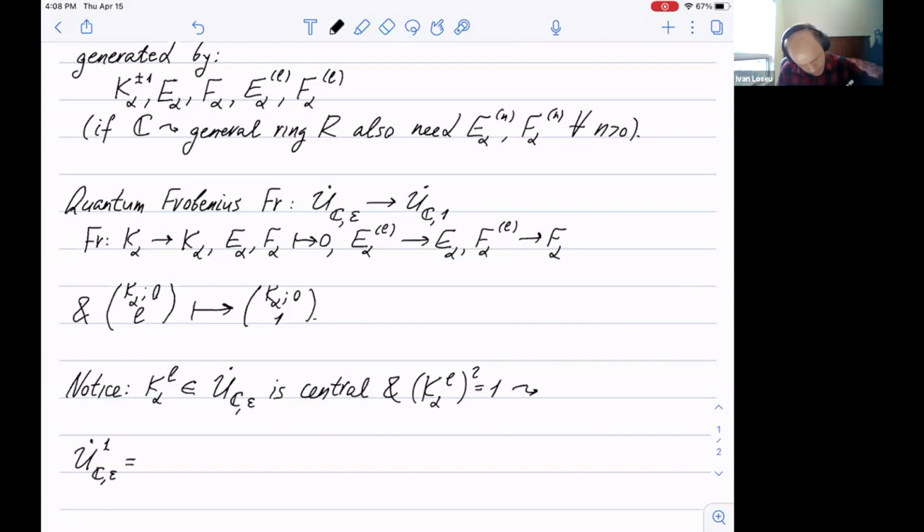So it's going to be a quotient of U dot C epsilon by the relation that K alpha to power l is equal to 1 for all simple roots alpha. And this is precisely the quotient which will act on type 1 representations, where K's are supposed to act with powers of the root of unity. Of course, if K acts with powers of epsilon, then K alpha to power l is equal to 1, because epsilon is an l-th root of unity. Okay?